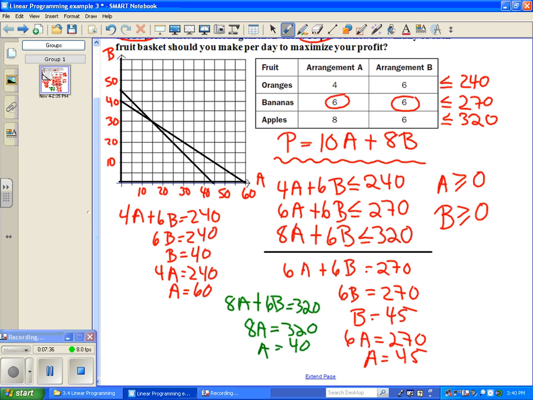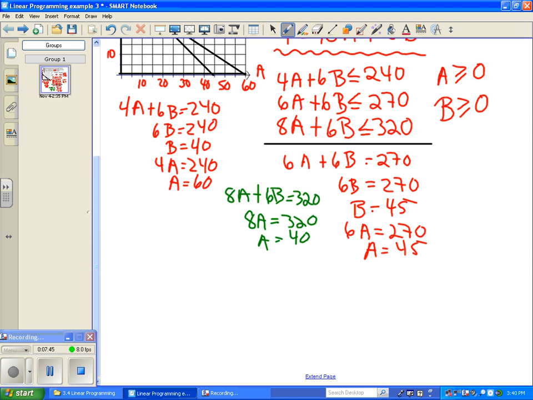And then if we substitute in 0 for A, we get 6B equals 320, and that does not come out to a nice even number.